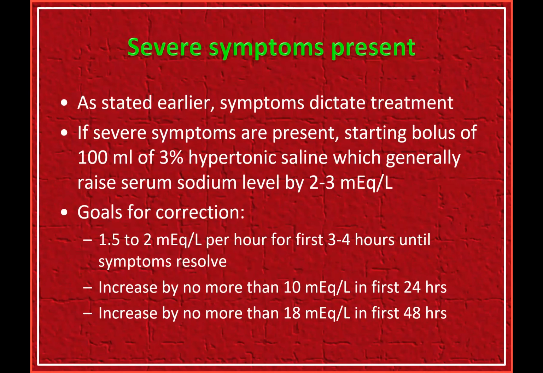When severe symptoms are present, the starting dose is 100 ml of 3% saline or 150 ml, the bolus treatment I told you about, and generally raise the serum sodium by 3 milliequivalents quickly. The goal is around 2 milliequivalents per liter per hour, with a maximum of around 6 in the first 4 to 5 hours, 12 in the first 24 hours, and 18 in 48 hours.